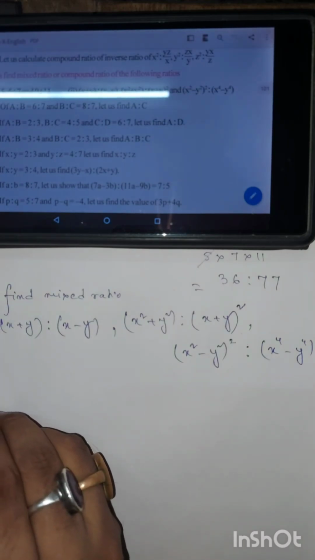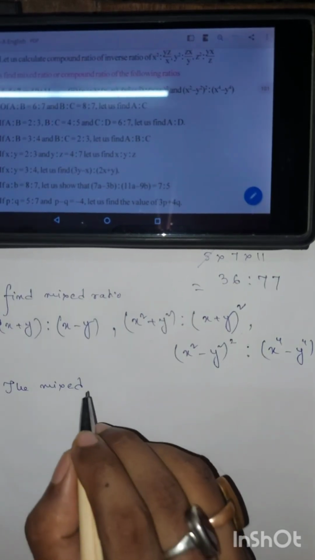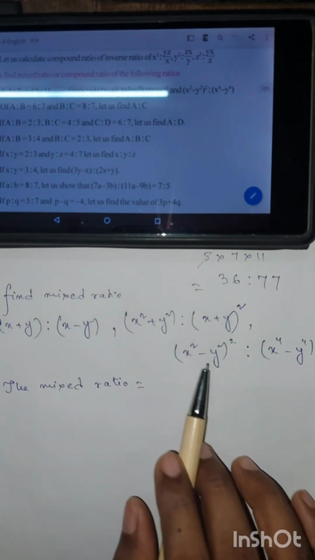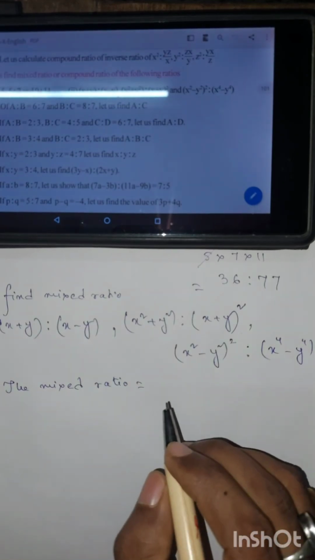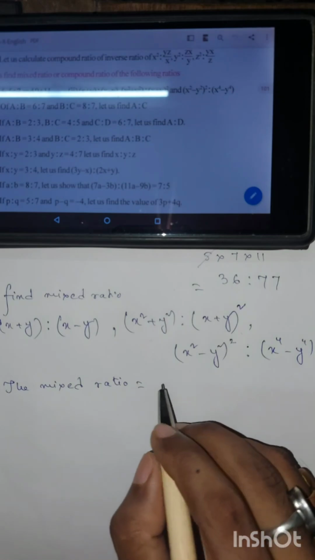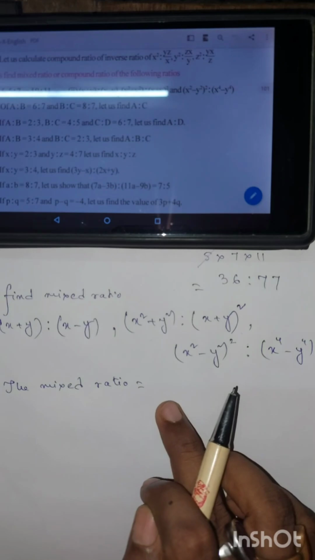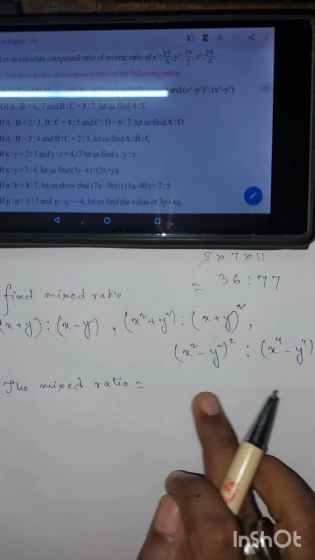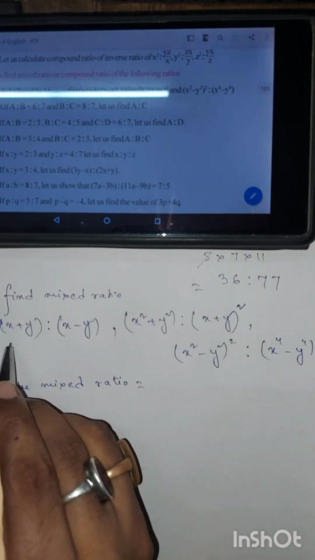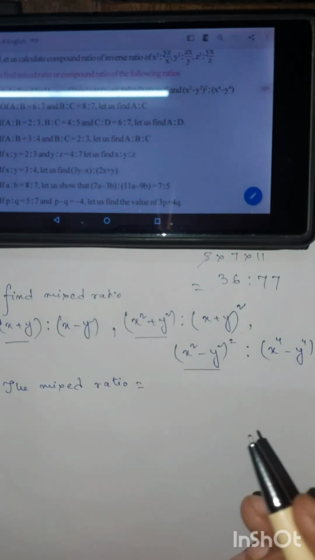Therefore, the mixed ratio is equal to the first terms of each ratio should be multiplied to get the antecedent of the mixed ratio. So the antecedents of each ratio should get multiplied.